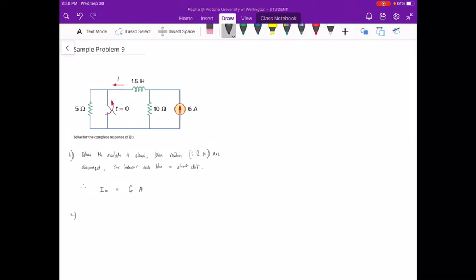Now for our second moment, when the switch is opened, both resistors, 5 and 10 ohm resistors, are functional.